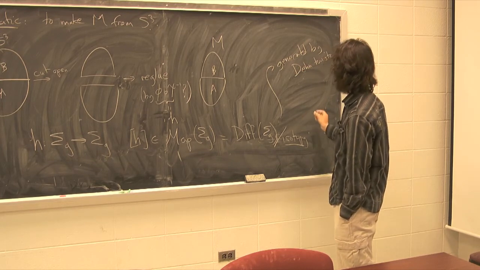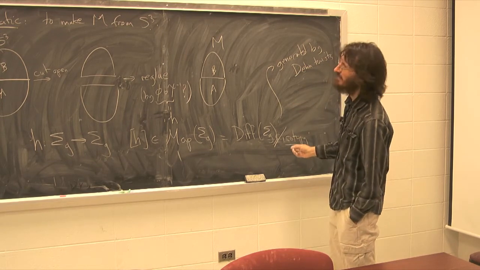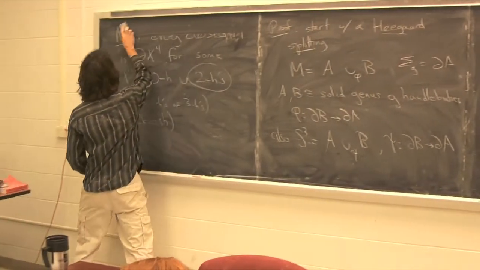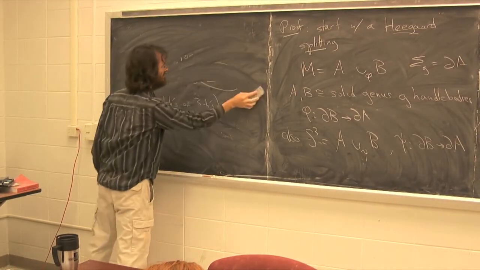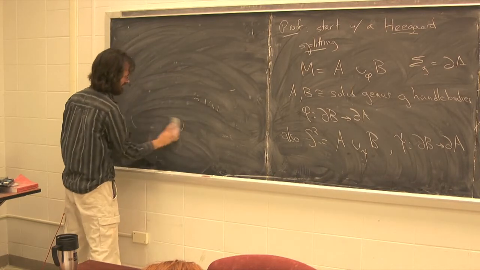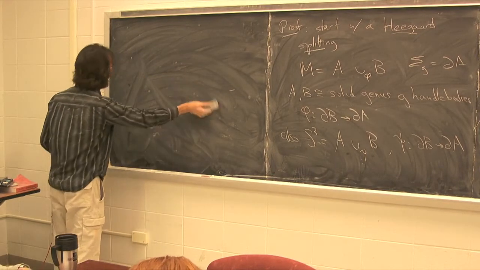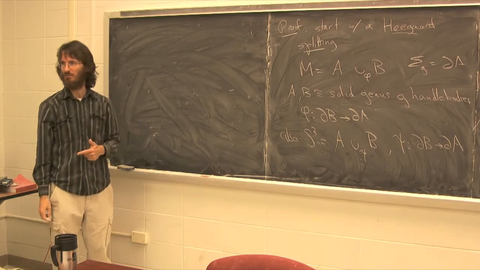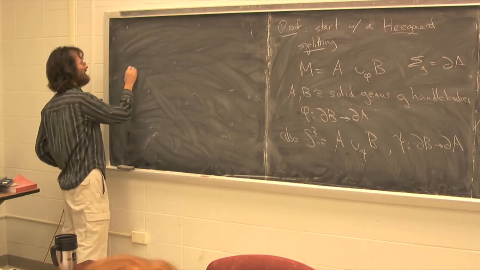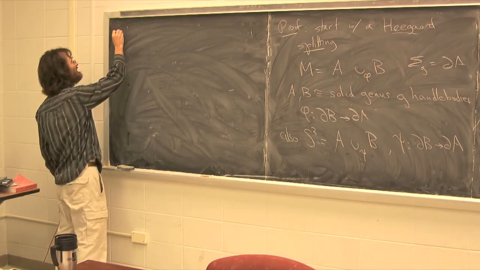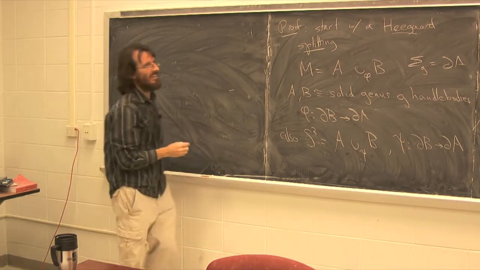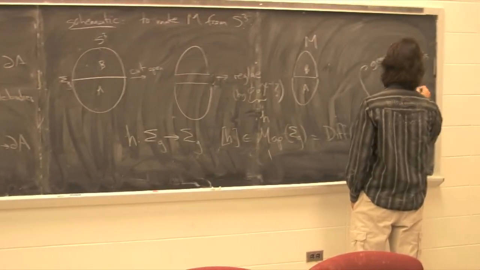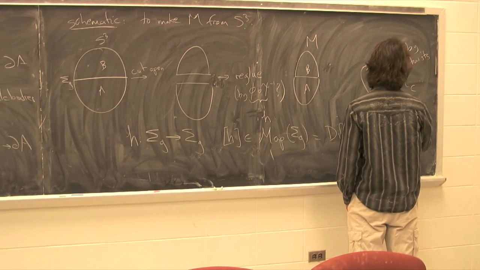So a Dehn twist, you probably already know, but just to be clear, is an automorphism of the surface determined by a simple closed curve in the surface. So a Dehn twist, tau C, where C is a curve in sigma.